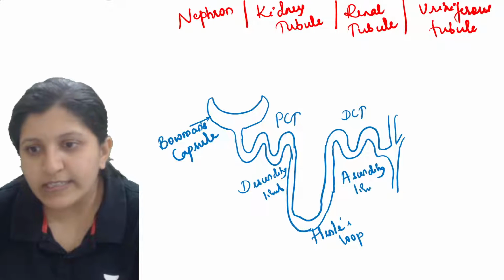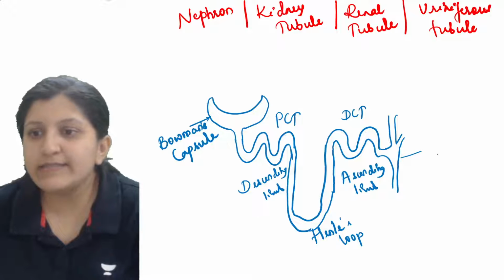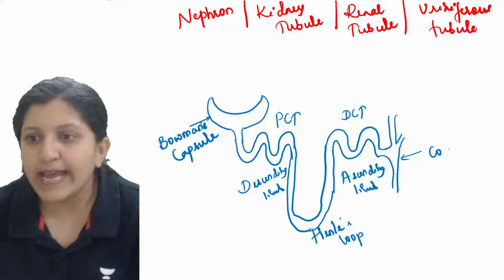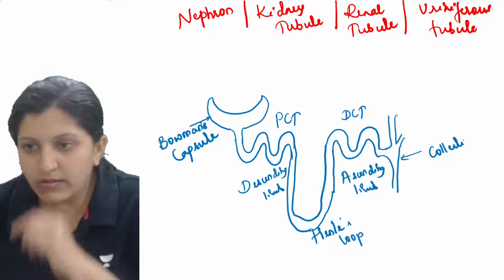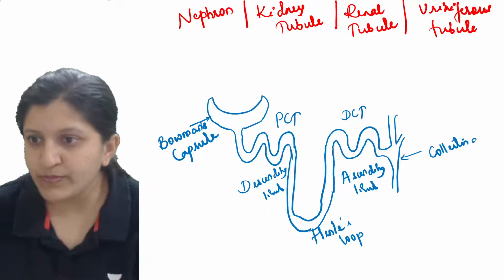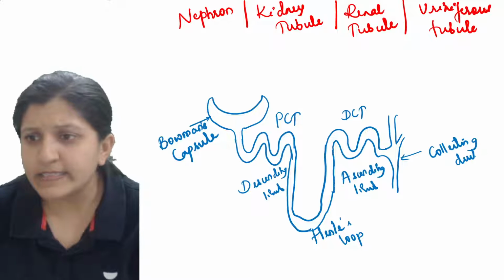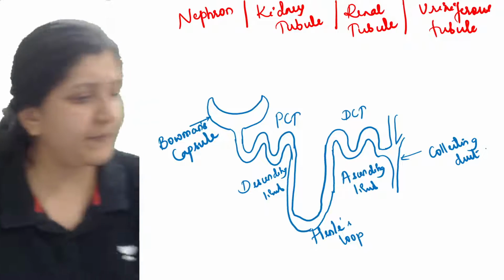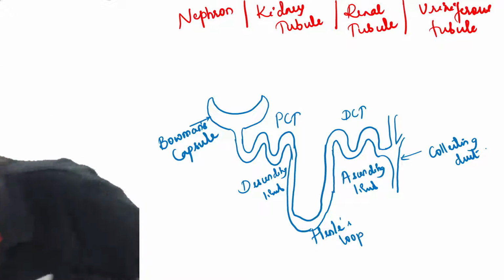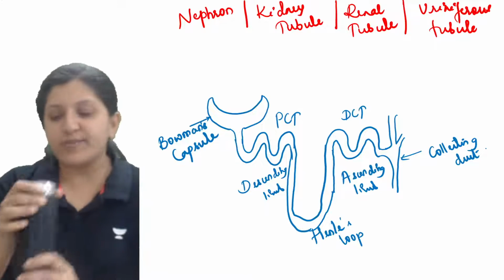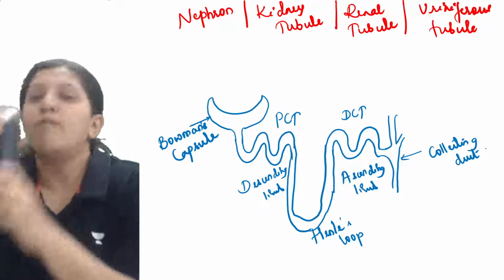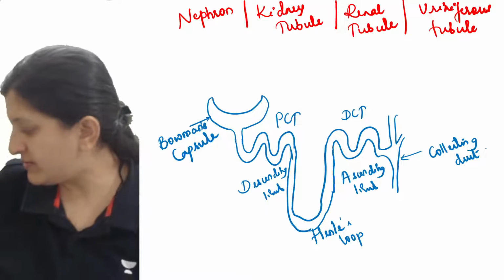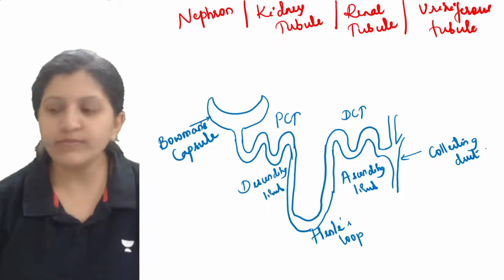And what exactly is this? This one is the collecting duct. Clear? Any doubt? If you have any doubt till this part, you can ask me. No doubt?